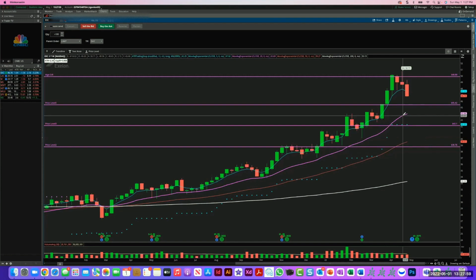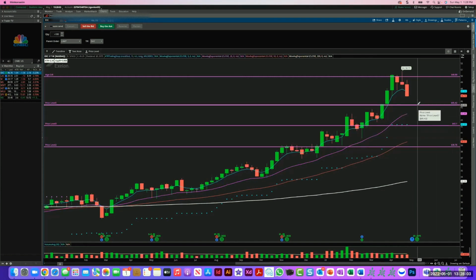Now, if this 20-day EMA moves up and somehow touches this algorithmic support level at 45.42 before the price hits that, then there'll be considerable support at this level. Don't think that's going to happen. I'm fully expecting this to continue to the downside.